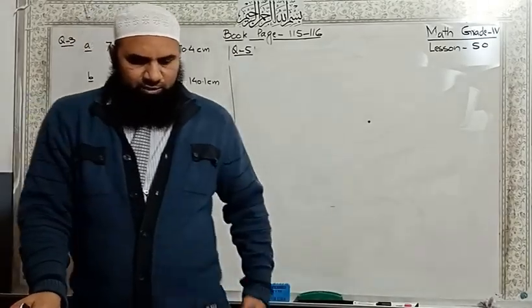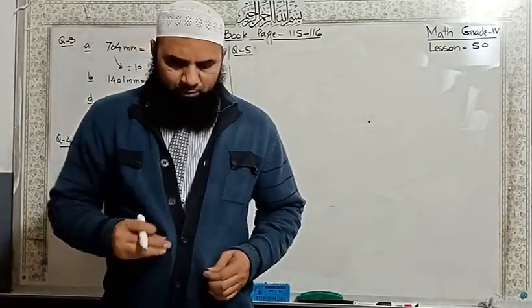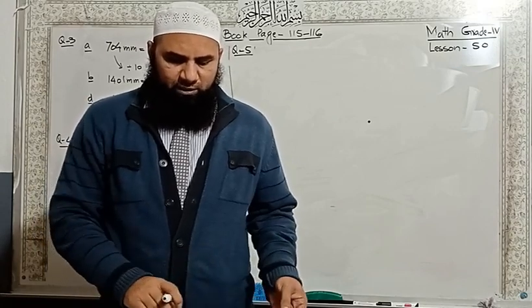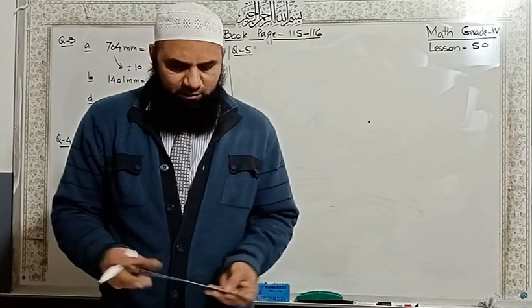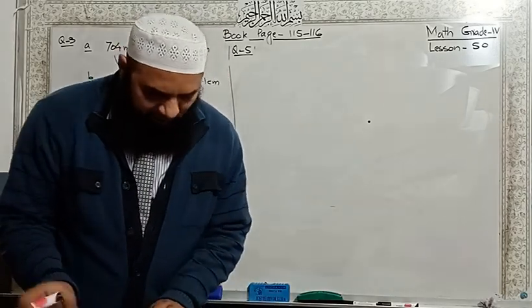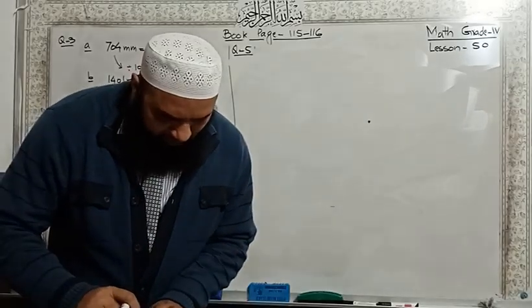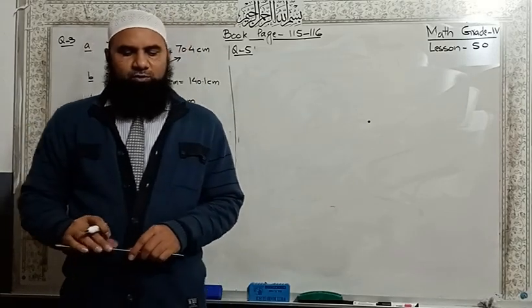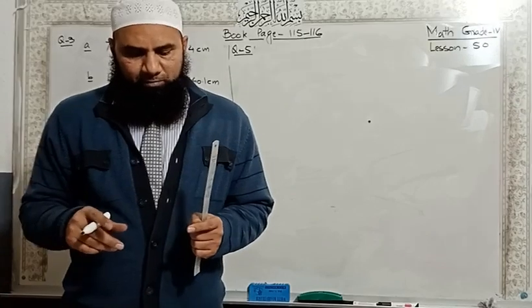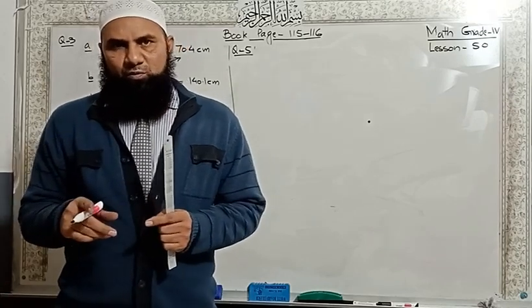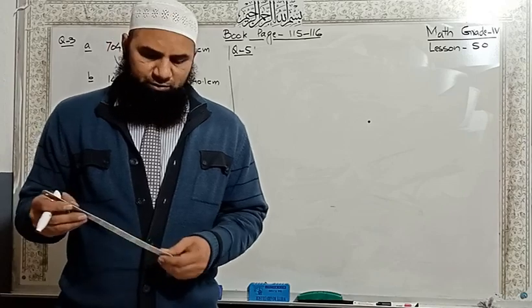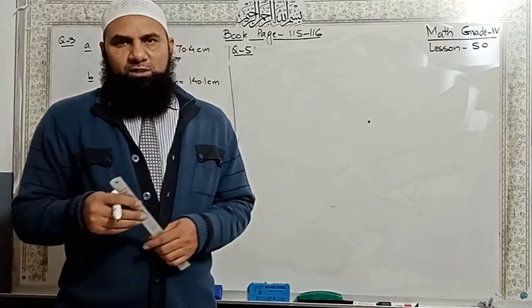Question number 5. Measure these lines and write the lengths in meters. So first we will measure in centimeters. For example, the first line is given as 6.4 centimeters. To change into meters, we will multiply them. Sorry, we will divide them by 1000.